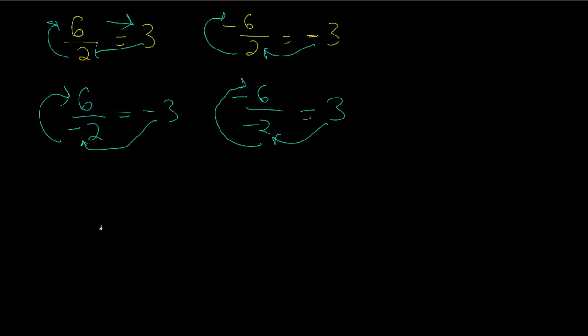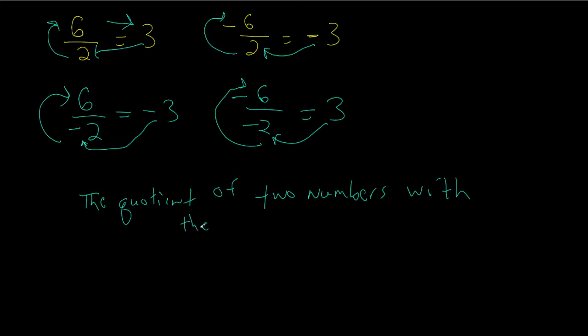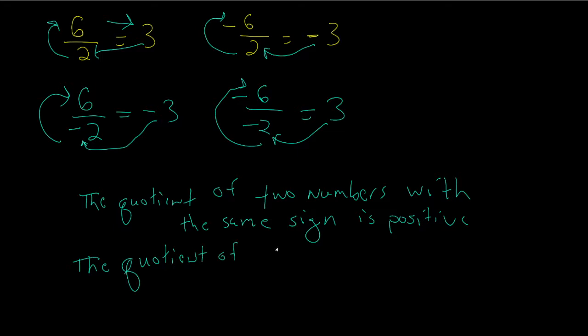And so we can say the quotient of two numbers with the same sign is positive, and the quotient of two numbers with different signs is negative.